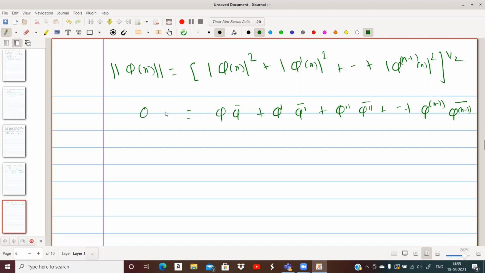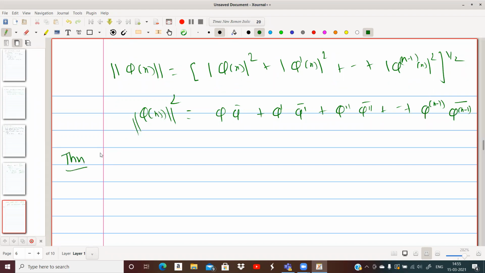This is the norm of phi of x squared. Instead of the square root, I write it as the square. So with the help of this definition, we want to prove the result for nth order. We'll prove it for second order and we can generalize it for nth order.